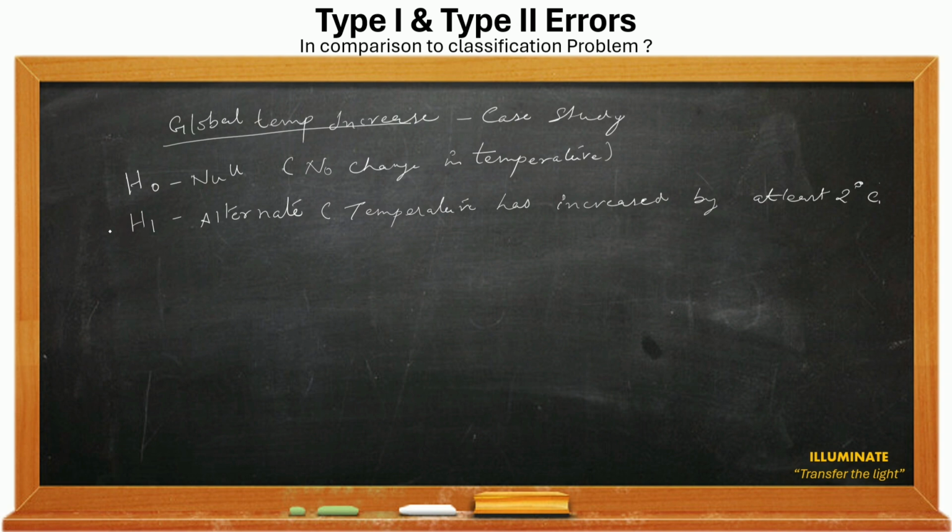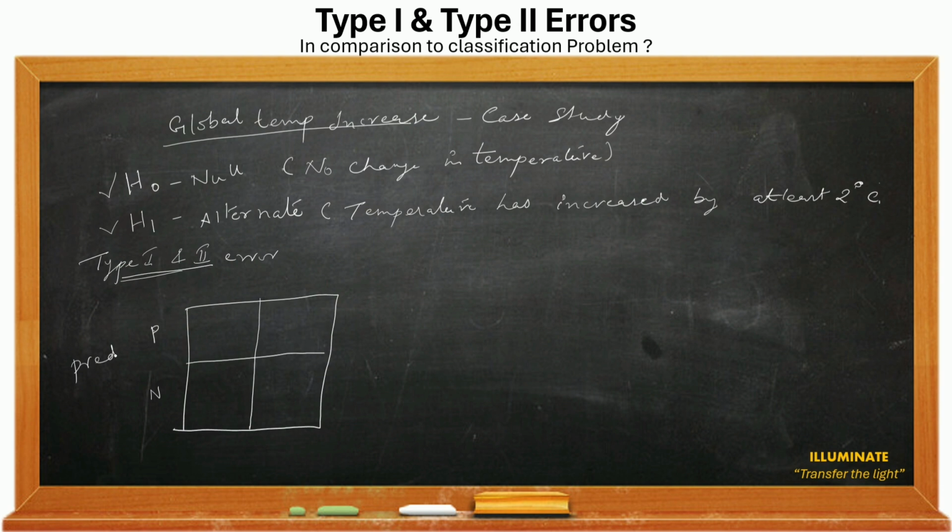Now let's switch context and go to type 1 and type 2 error in respect of this classification problem, whether it's classified as the null hypothesis or we go with the alternate hypothesis. Based on this classification, let's draw the confusion matrix once again.